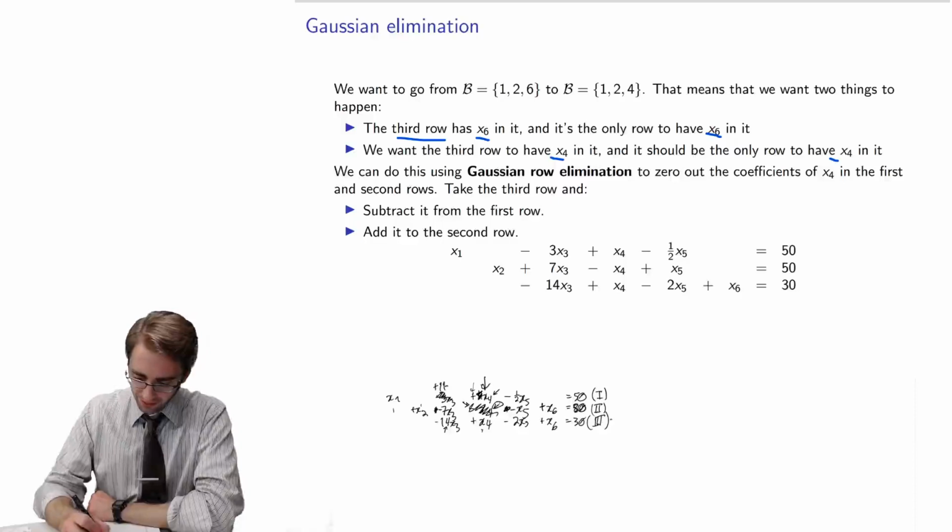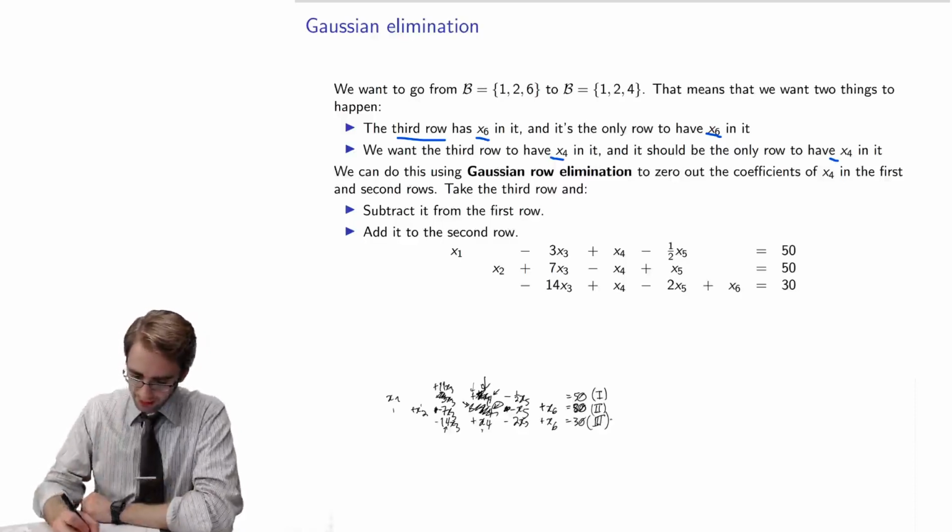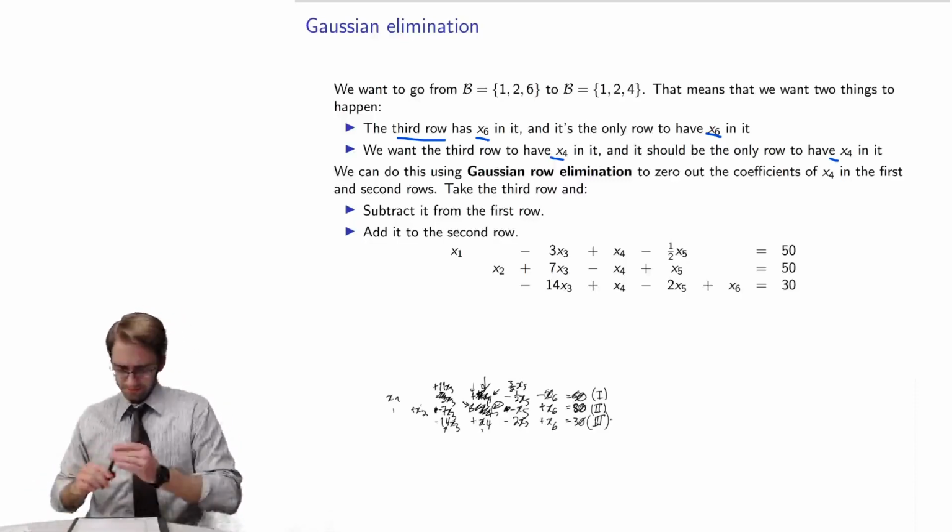Then the x4 minus x4 zeroes out, and the minus 1/2 x5 minus negative 2 x5 is now a positive 3/2 x5, and then the 0 here minus an x6 is a minus x6, and I have 50 minus 30 there, which is 20.